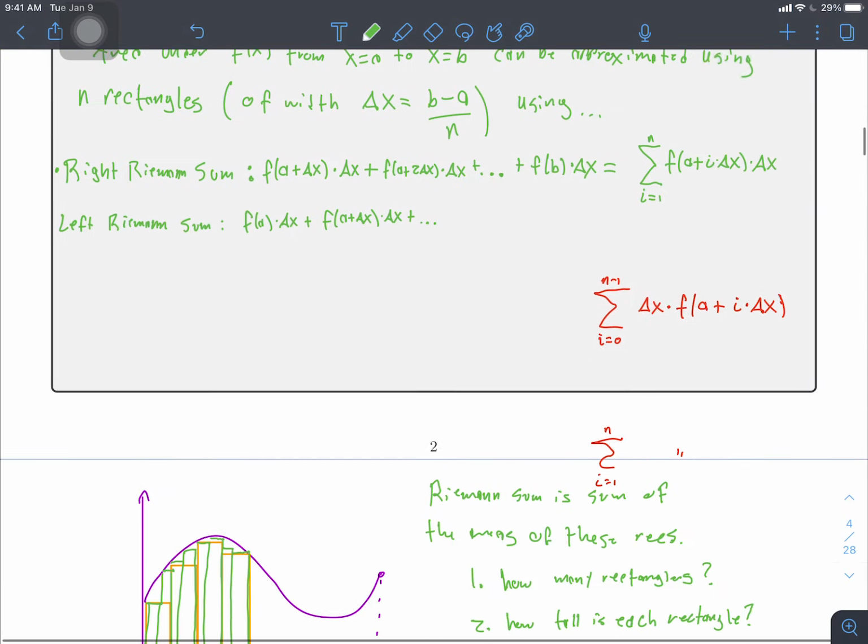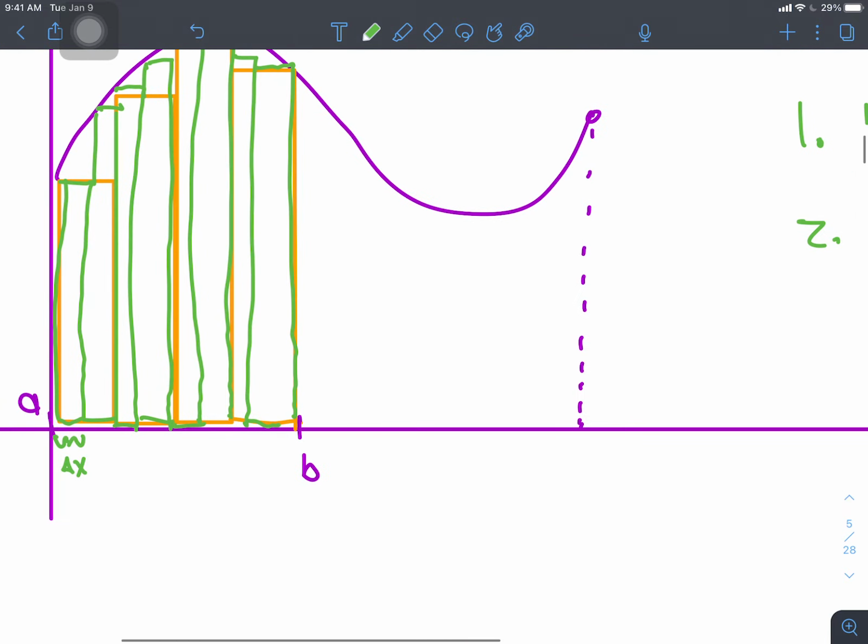And when should I stop? Well, I should stop at the last rectangle. The last rectangle goes from here to here, and if I take its height on the left side, then I've gone almost all the way to b, right? I know each width is delta x, and if I go delta x n times, I get all the way to b.